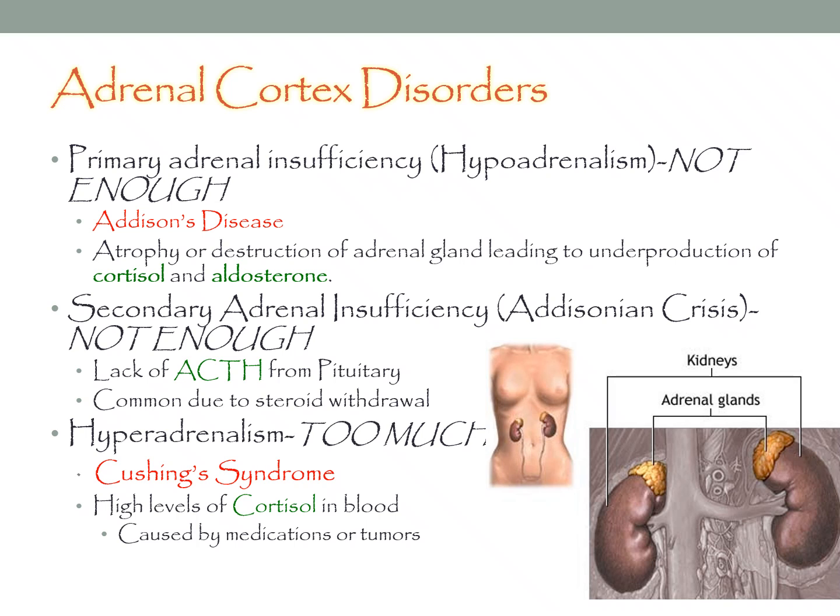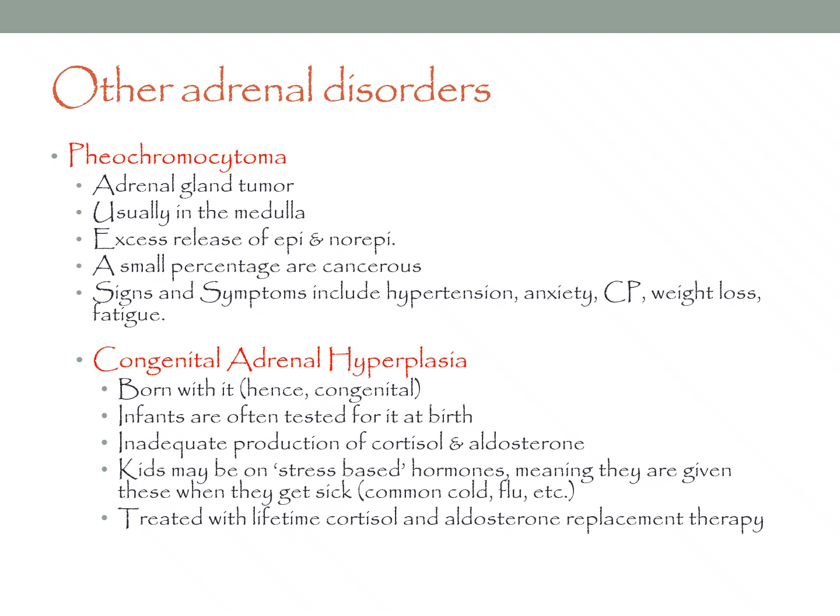Again, there can be a couple different reasons for this, but the takeaway is too much of the adrenal cortex hormones, Cushing's syndrome; too little of the adrenal cortex hormones, Addison's. A couple other adrenal disorders that we'll glance at are pheochromocytoma and congenital adrenal hyperplasia.